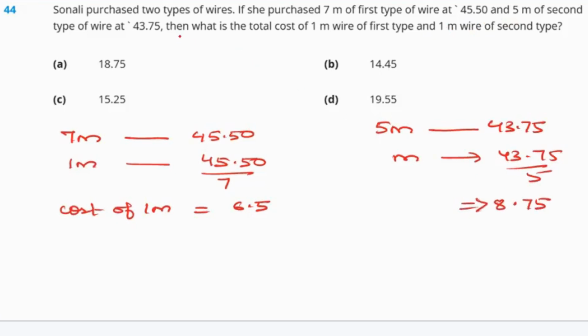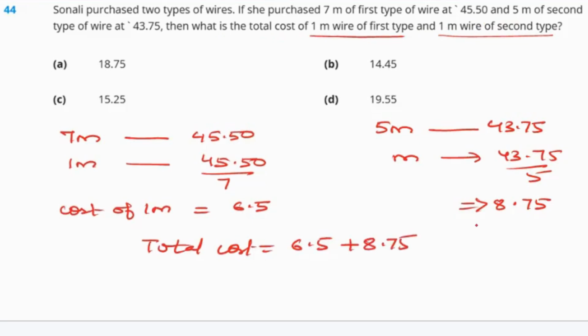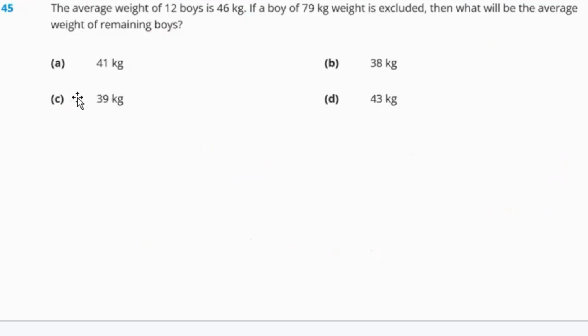The question is asking for the total cost of 1 meter of wire of the first type and 1 meter of wire of the second type. So the total cost will be 6.5 plus 8.75, and when we add them, we get 15.25. That would be our answer, which is option number C.